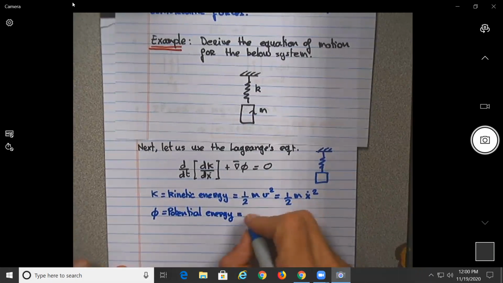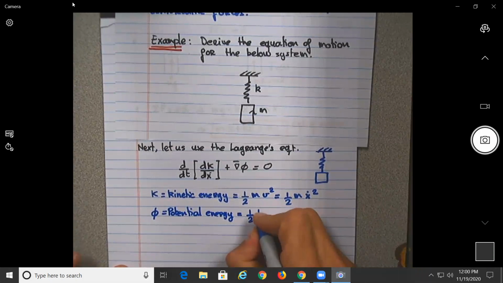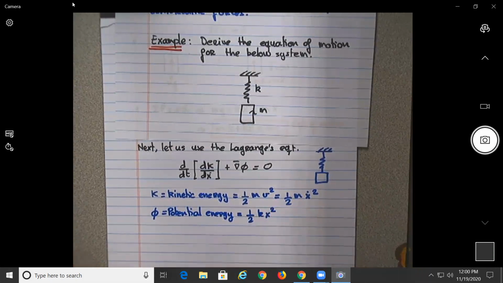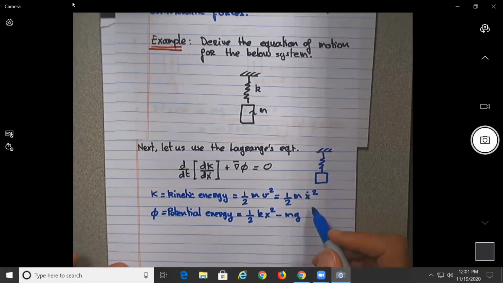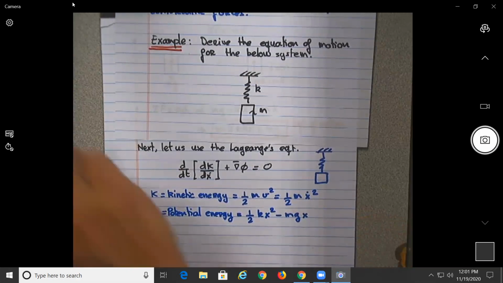We're going to have 1/2 kx squared, correct? Minus, what was the one of the potential field? mg h, but in this case, the h will be x, correct?